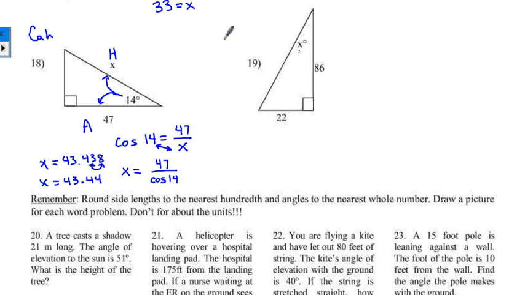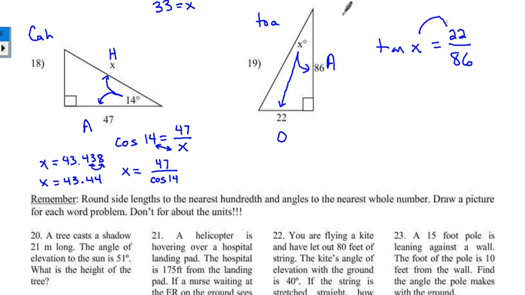So this is going to be an angle problem. So from here, we're going to be dealing with the opposite side and the adjacent side. When we do that, that's going to be dealing with TOA. So that's going to be tangent of x is going to be equal to the opposite side, 22, over the adjacent side, 86. Whenever you have one like this where you're finding the angle, you're switching whatever's here with whatever's here.